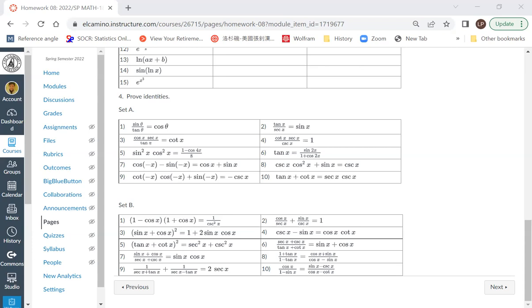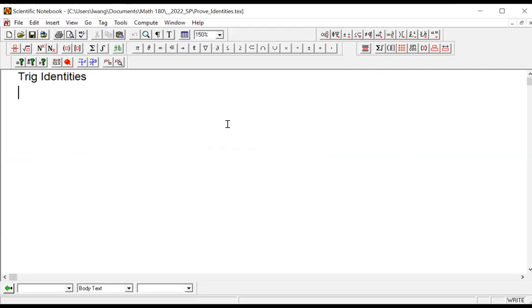In general, there are three formats for proving an identity. For a given identity to be proved, we have a left-hand side and a right-hand side.